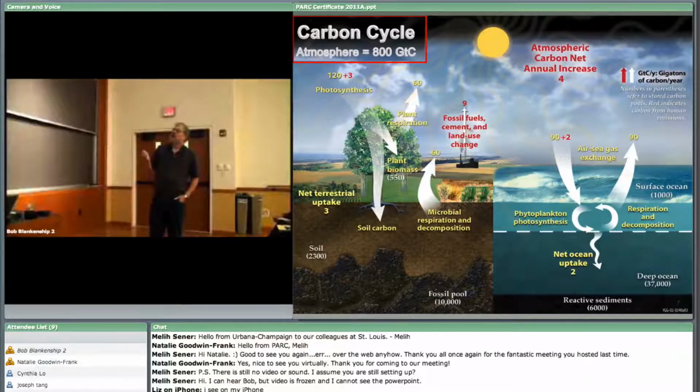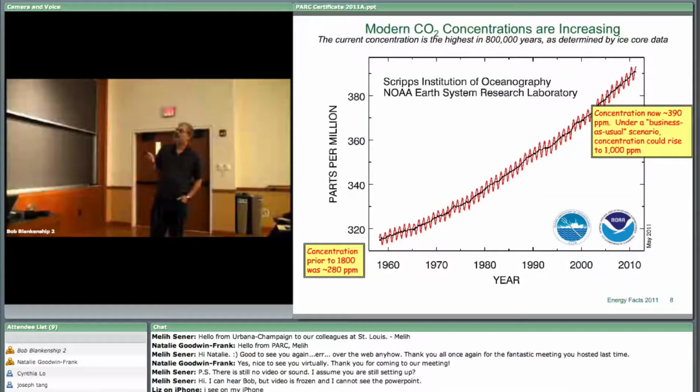I'm sure you've probably all seen this, the Keeling curve, which tracks the concentration of CO2 in the atmosphere in parts per million. It's now about 390 ppm.